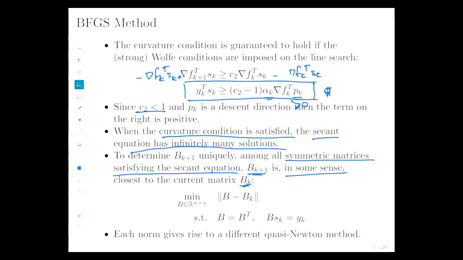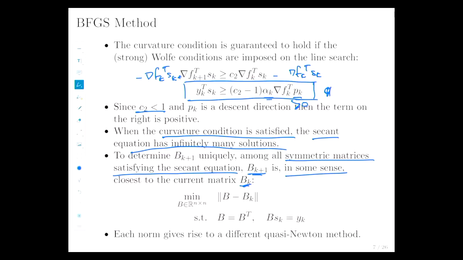Okay? Here I said close in some sense. Whenever I hear closeness in vector spaces, automatically I think of norms. That's what the majority of people think of. Here I'm not specifying any type of norm.